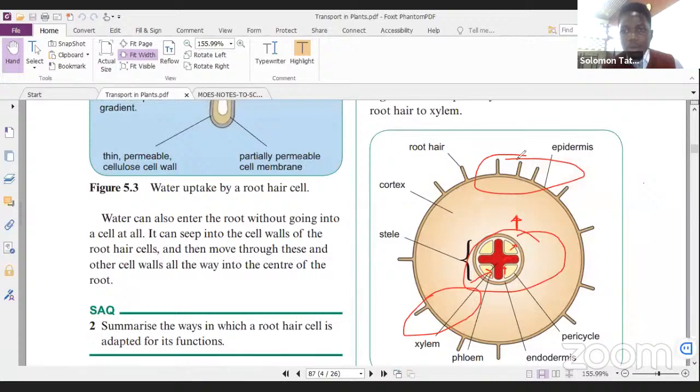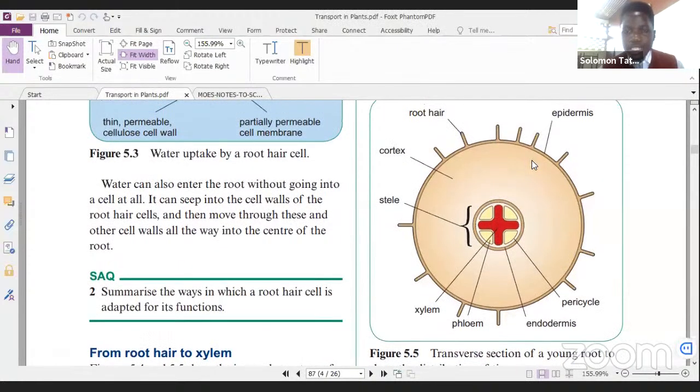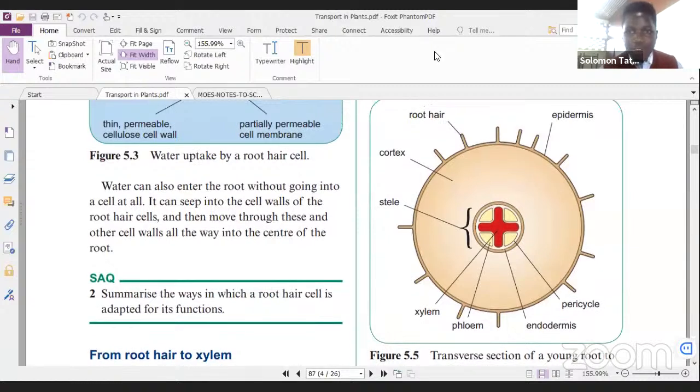So now here we have a picture of a transverse section through a root, okay? A transverse section through a young root. This picture is very, very frequently examined, okay? I always try to examine this kind of picture.